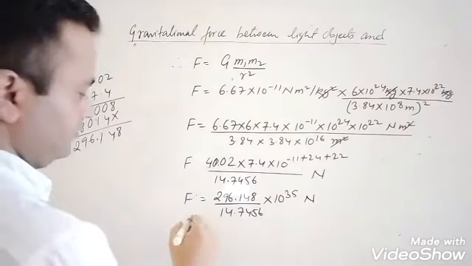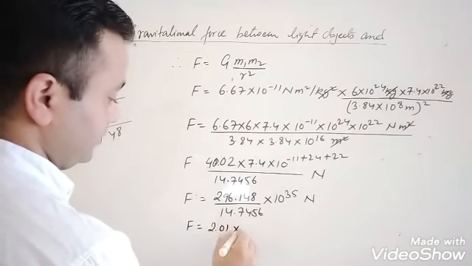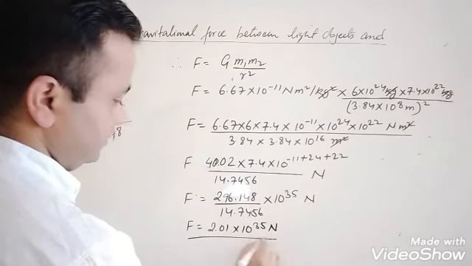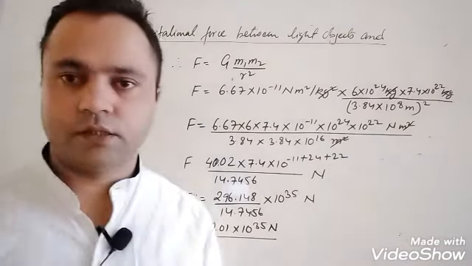So after division we will get 2.01 into 10 to the power 35 Newton. Now these are the cases of gravitational force between light objects and heavy objects.